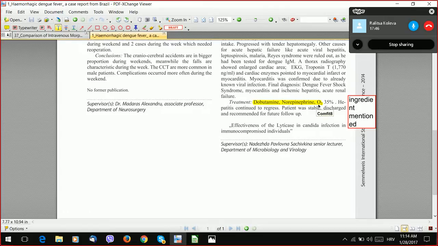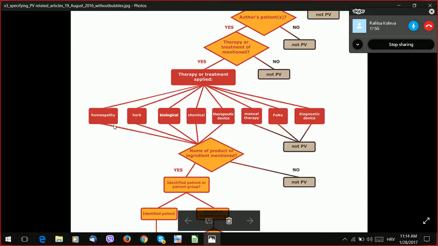After you have identified the therapy or treatment applied to be either homeopathy, a herb, chemical, biological, or therapeutic device, then the article is still up for reviewing, and you have to check whether the therapy was mentioned by name or active substance.